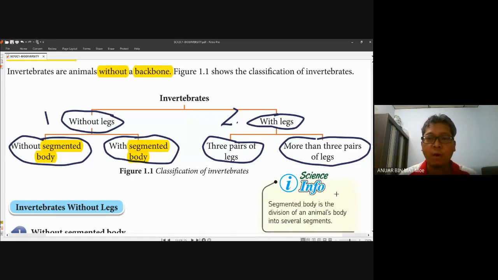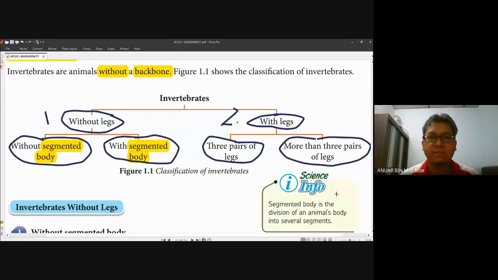This is based on our observation on what type of animal, depending on its characteristic. For example, with leg or without leg, and then if the animal has legs, how many legs there are, the number of legs. So this is what we call classification of organism.